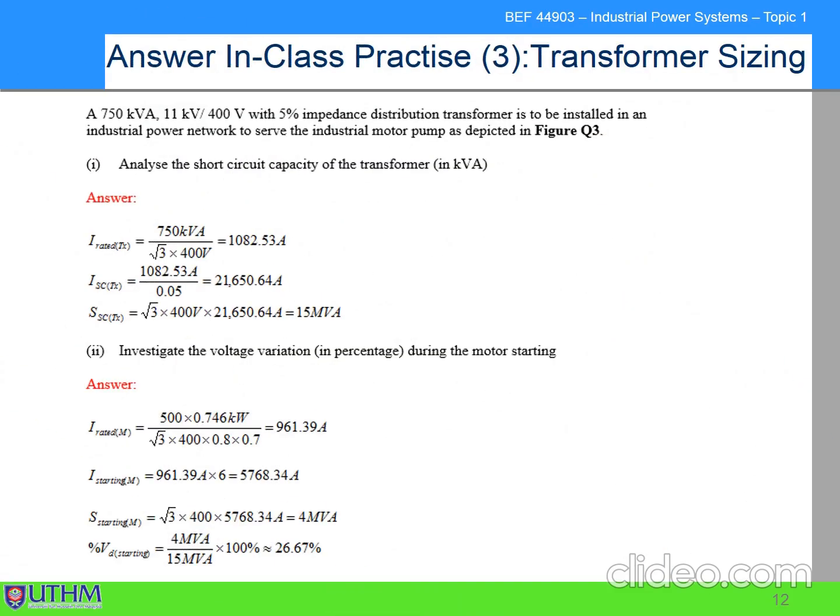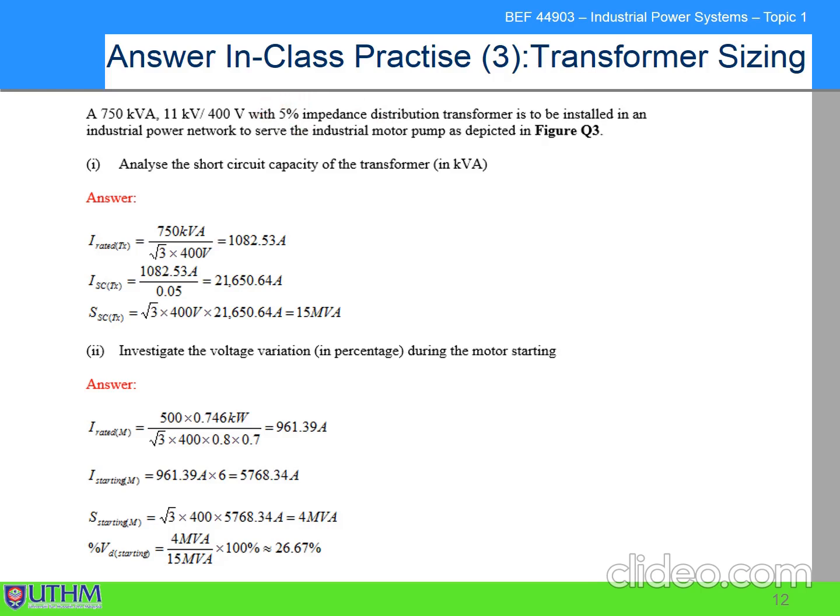This is the solution for practice 3, transformer sizing. For question 1, analyze the short circuit capacity of the transformer. First, we calculate I rated, which is equal to S divided by square root 3 divided by voltage. To get I short circuit, we refer to the impedance, which from the question is 5%.